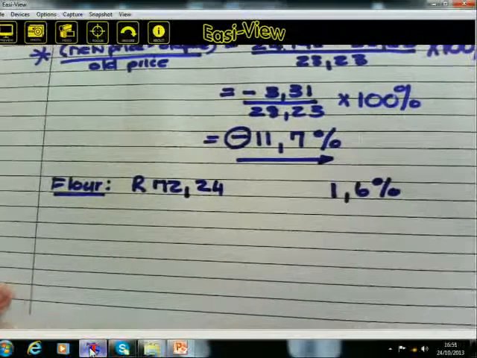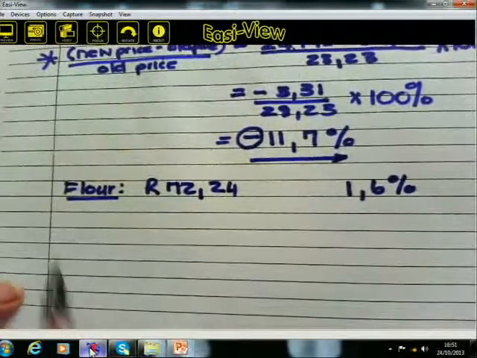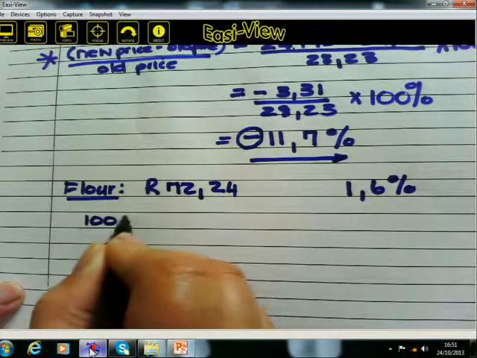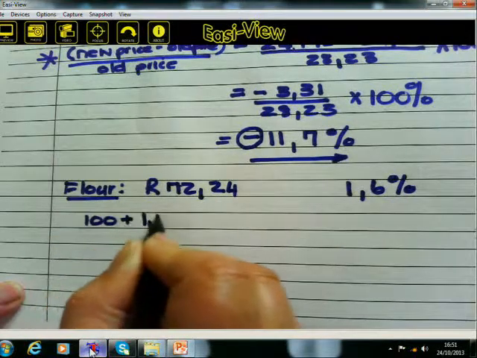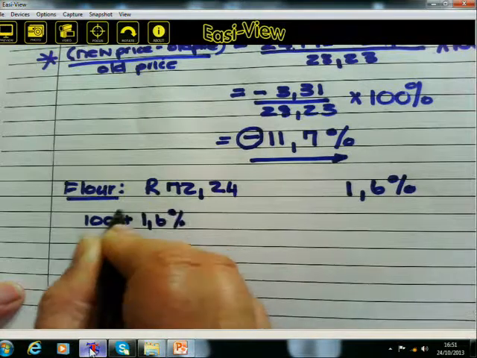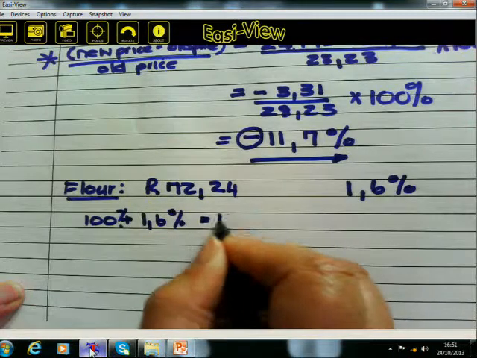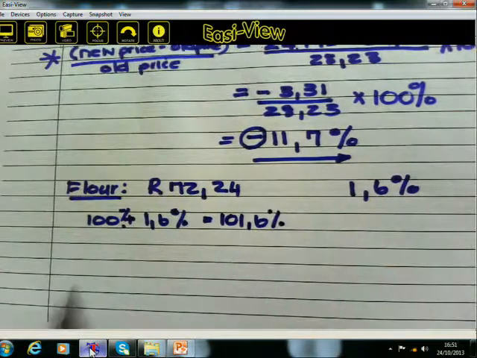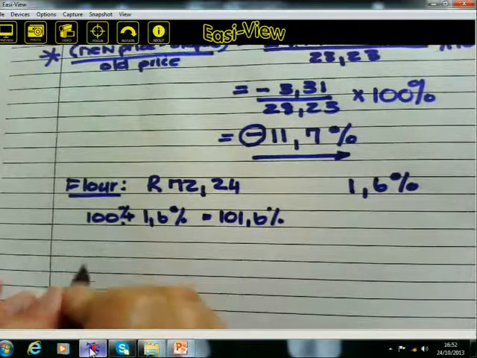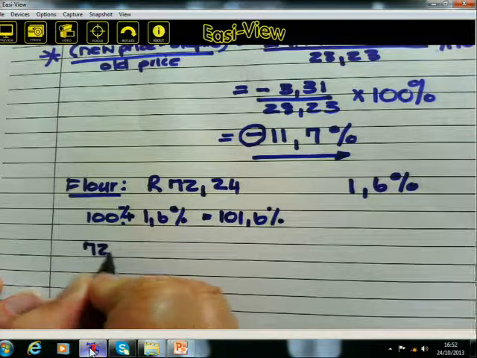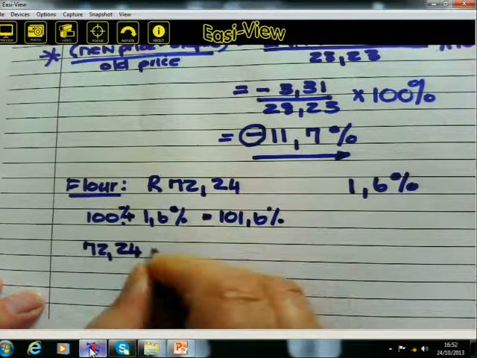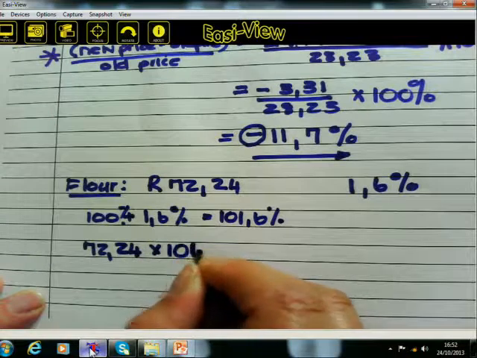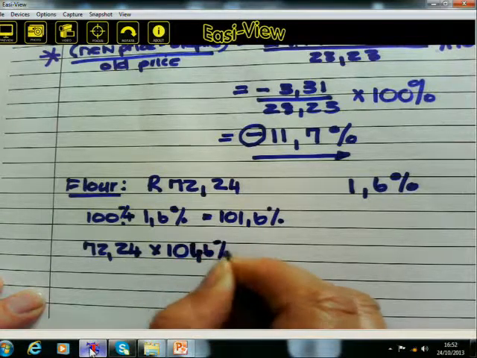Now remember, there are two possible ways to calculate it. I can say either it is the 100% of the price plus the 1,6%, which equals 101,6%. And then I can say it is the 72 Rand 24 multiplied by 101,6%.